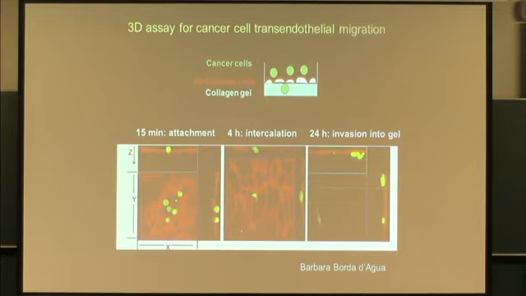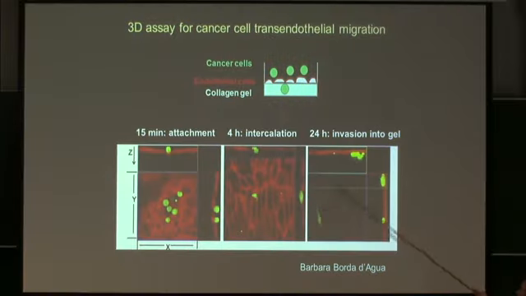So then at 24 hours afterwards, we can see that they've gone. Where's that stick gone? It's much better than the pointer. Okay. So at 24 hours, they've gone underneath the endothelial cells, and some of them have invaded quite a long way away underneath. But at least they're underneath, and the endothelial cells we can see have resealed at this stage.